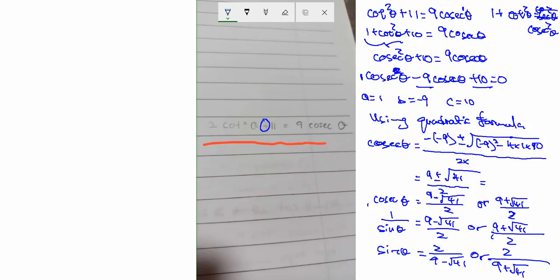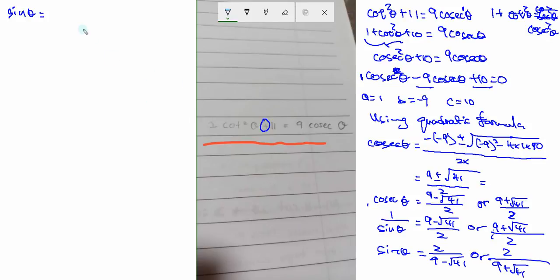Sine theta is equal to 2 divided by bracket 9 minus square root 41, close bracket.